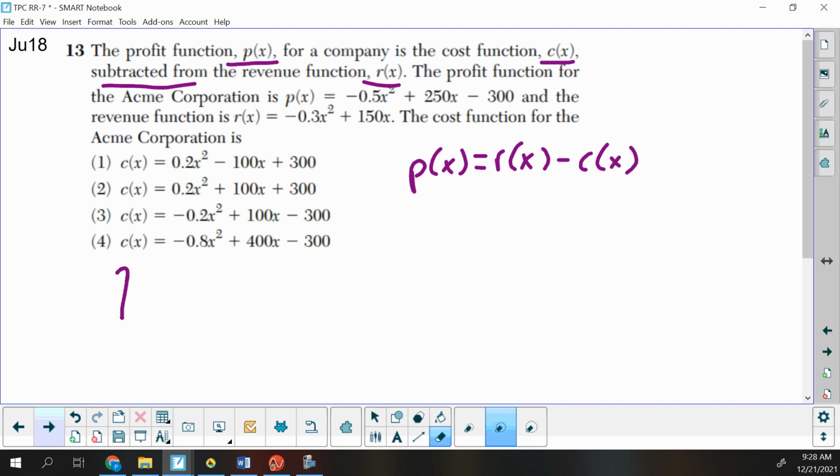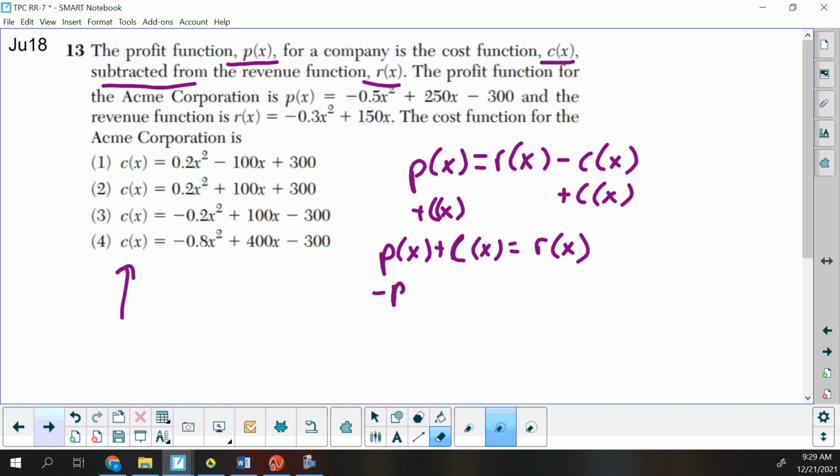And notice we want an equation to represent the cost function. So we want to get C of X by itself. So we're going to add C of X over. So we'll have P of X plus C of X equals R of X. Then we'll subtract P of X over.